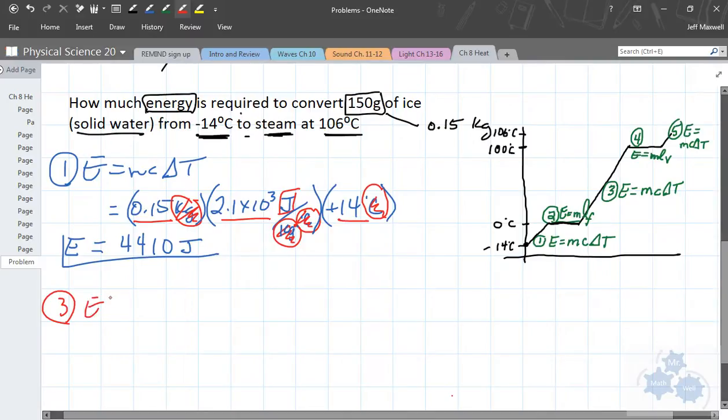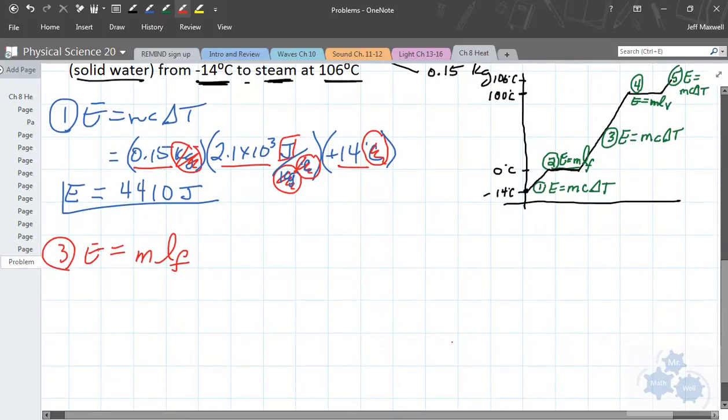Okay, so this one is E equals what? MLF. Awesome. So the mass is still 0.15. I'm going to drop my units now because I know I'm all good. And then what's the latent heat of fusion? 3.33 times 10 to the 5. Okay.